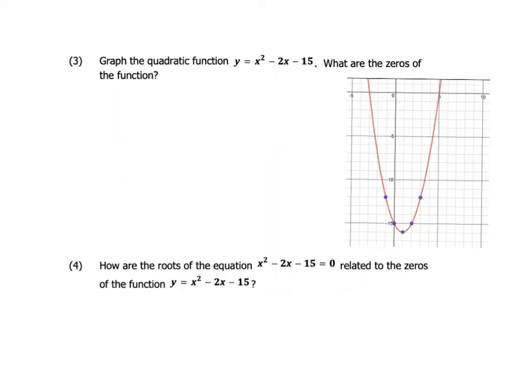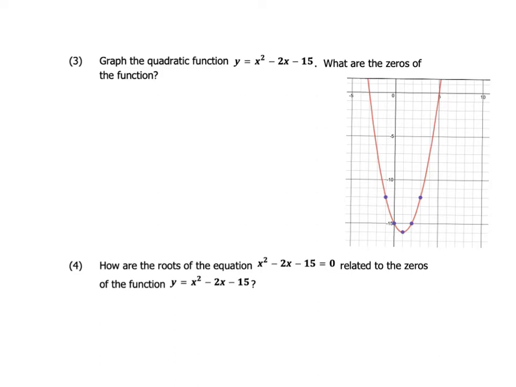Now we're going to graph the quadratic function y equals x squared minus 2x minus 15, and we are going to find the zeros of the function from our graph. That means we are going to find our x-intercepts from our graph. The next thing I want you to do is use our formula to find our vertex so we can make a table of values and graph this.